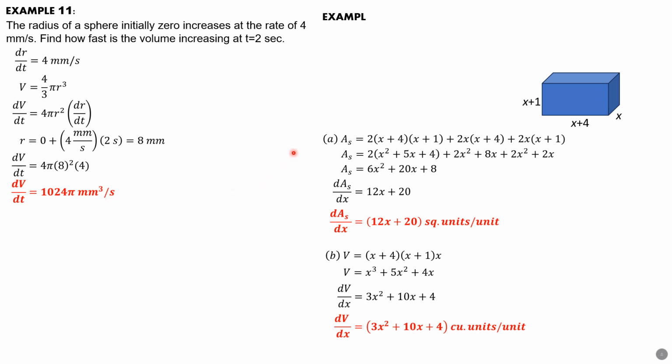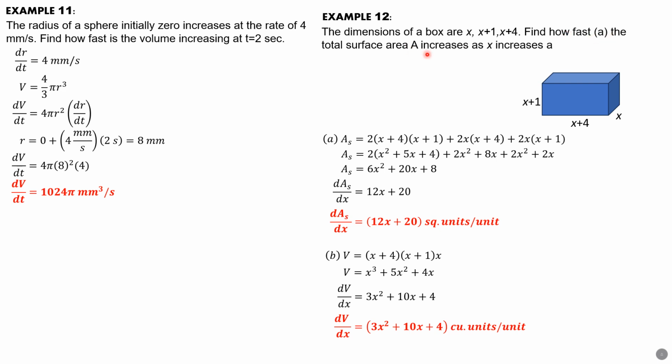Then lastly, example 12. The dimensions of a box are x, x plus 1, x plus 4. Find how fast, letter A, the total surface area S increases as x increases, and B, the volume increases as x increases. So this is the box. These are the dimensions x, x plus 1, and x plus 4. You can interchange if you want, but the area and the volume remain the same.